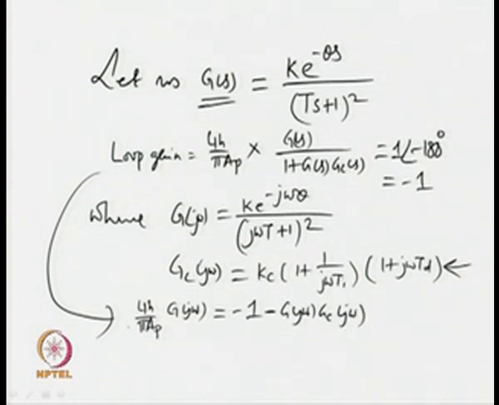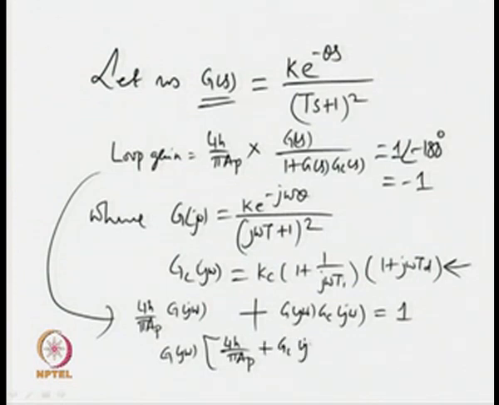When I take this to the left side, I get it in the form of G(j omega) common, 4h/(pi a p) + Gc(j omega) equal to, no, this will be minus 1, sorry, this will be minus 1.